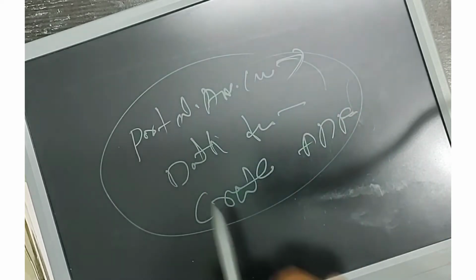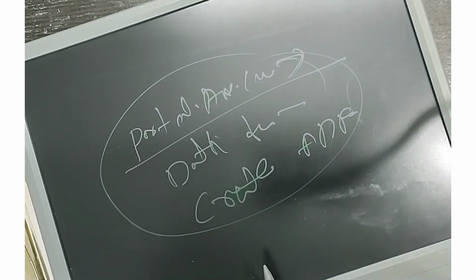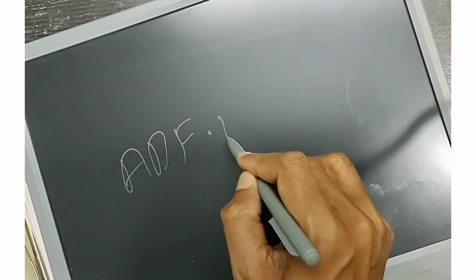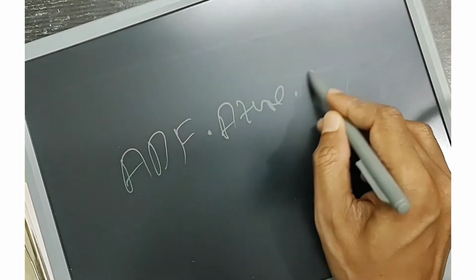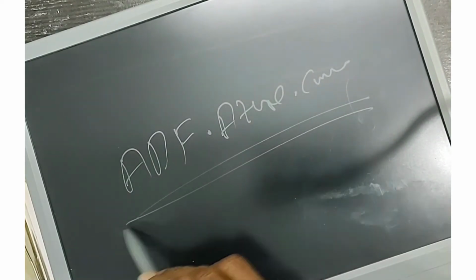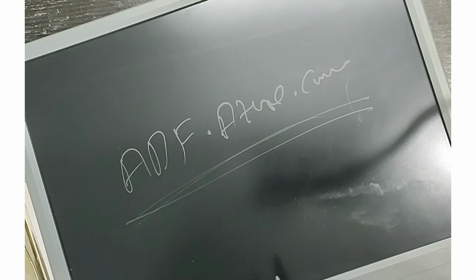This is one of the URLs, portal.azure.com, or you can use another URL, adf.azure.com. In the same way you can create ADF pipelines.